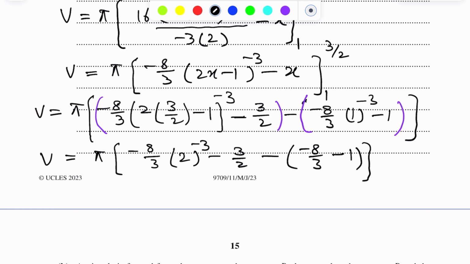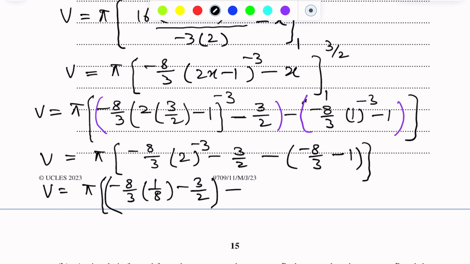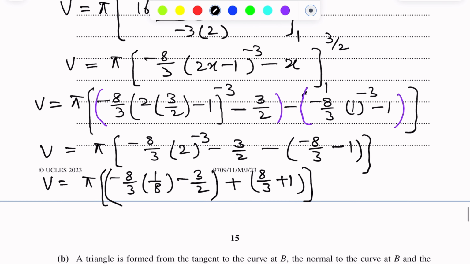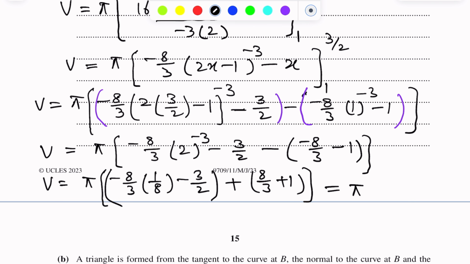Further simplifying, V will be equal to pi [minus 8 over 3 into 1 over 8, minus 3 over 2. Taking negative sign common from here, it becomes plus 8 over 3 plus 1]. So this becomes pi.